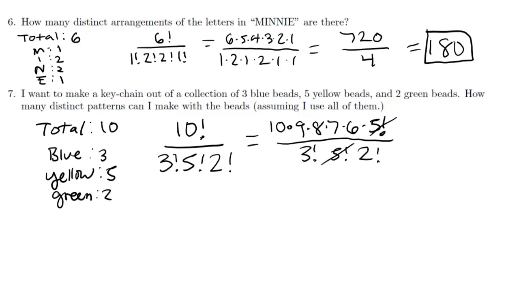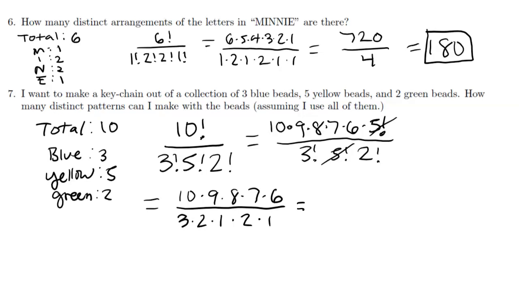So then I could cancel those factorials. So then I'm left with 10 times 9 times 8 times 7 times 6 on top, and in the bottom I've got 3 factorial, which is 3 times 2 times 1, times 2 factorial, which is 2 times 1.